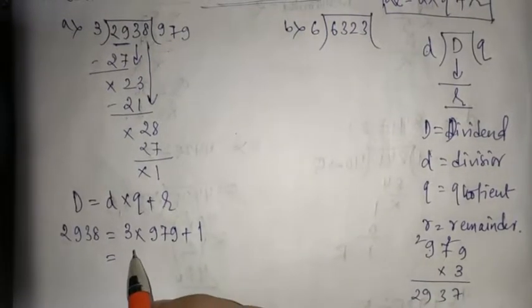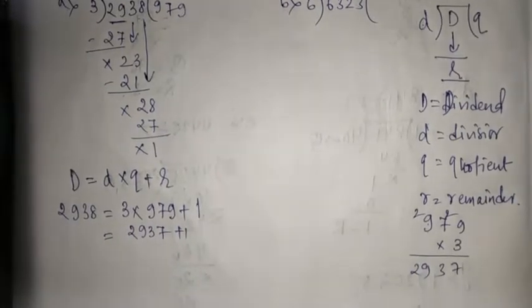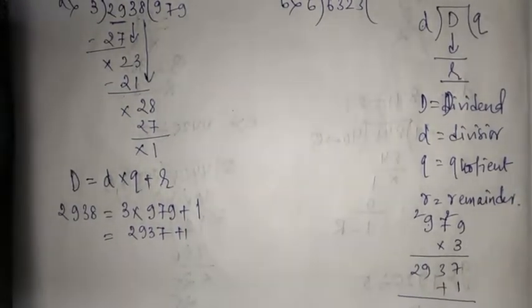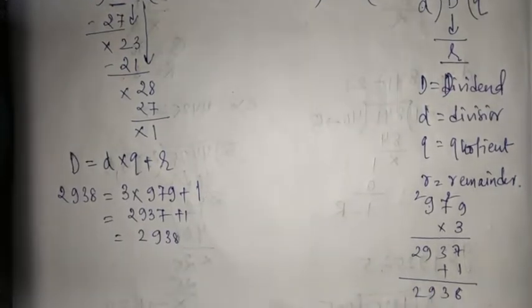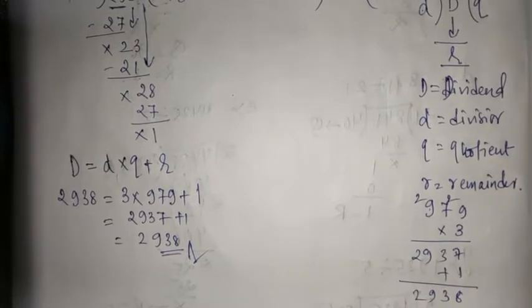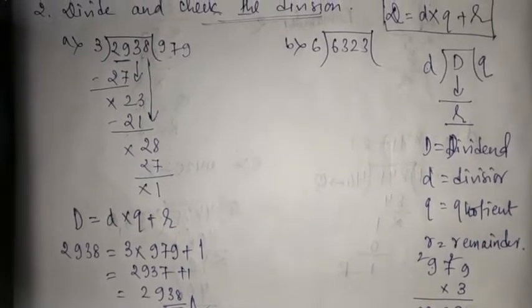So it is 2937 plus 1. So when you add 1, 7 plus 1 is 8, so you got 2938. Is it okay? So that means whatever you divided, whatever you have done is okay, because you have cross-checked it.